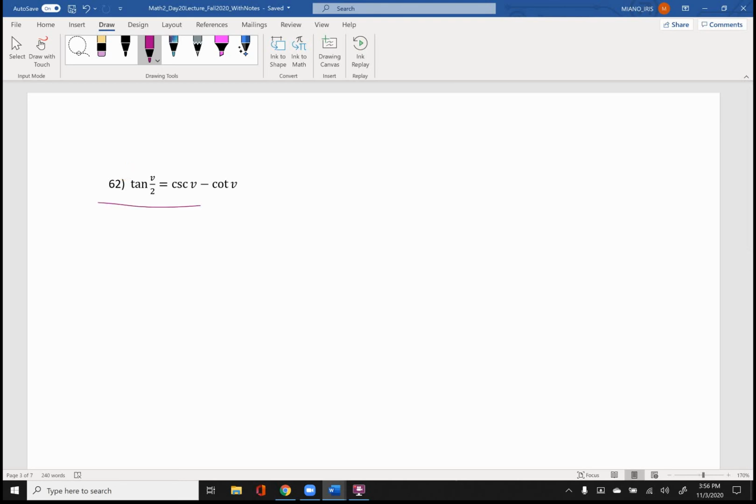steps long, okay? So here, even though technically this might arguably be a little bit more complicated on the right hand side, we see a half angle for the tangent here, and so I'm going to use a particular half angle formula.